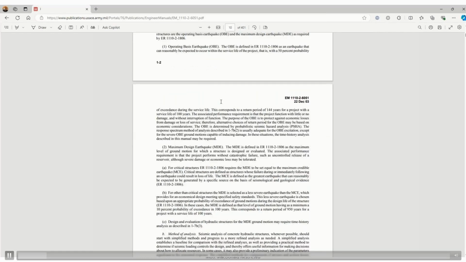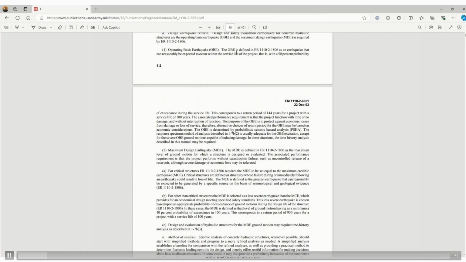So then OBE, design basis earthquake, is defined in this as an earthquake that can reasonably be expected to occur within the service life of the project, that is with a 50% probability of exceedance during the service life. This corresponds to return period of 144 years for a project of service life of 100 years. Okay, see there are attenuation relationships, logarithmic relationships for evaluating our response spectra.